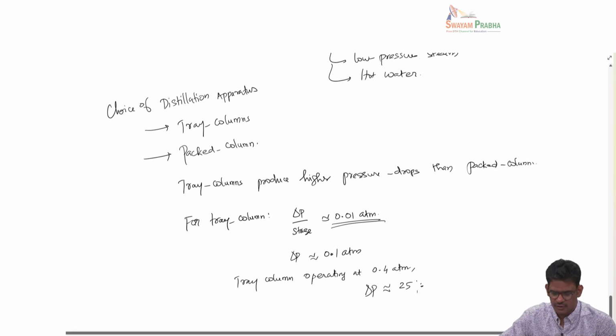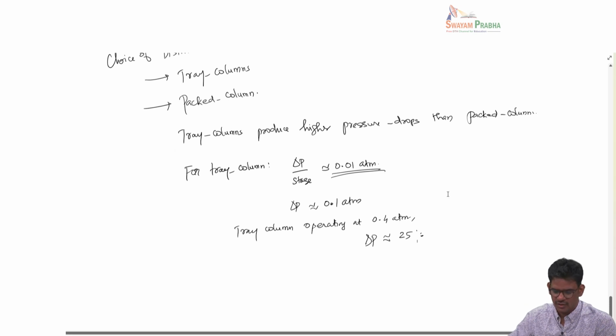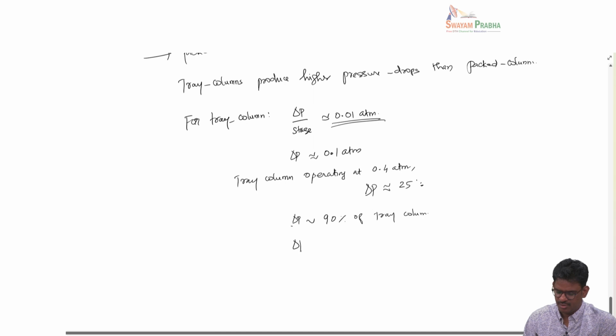What is the case for packed column? If I do this for the packed column, you will see this delta P typically is reduced by 90%. Okay, so delta P can be reduced by 90% of what is observed in the tray column. So what that means is delta P for the packed column is roughly about 0.01 atmosphere for equivalent operation.